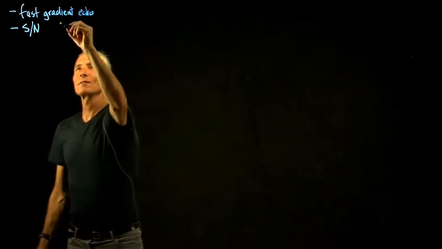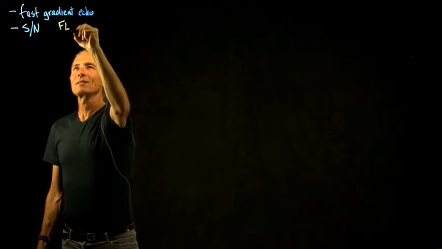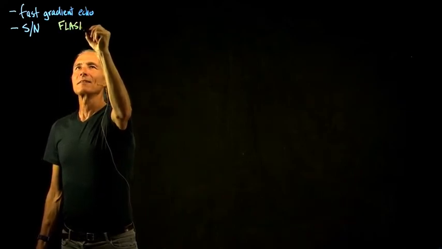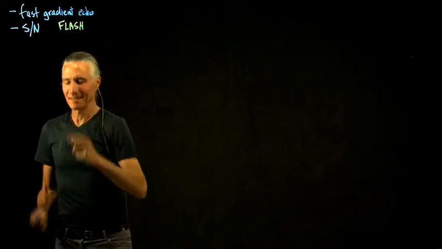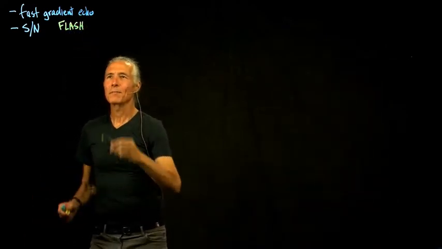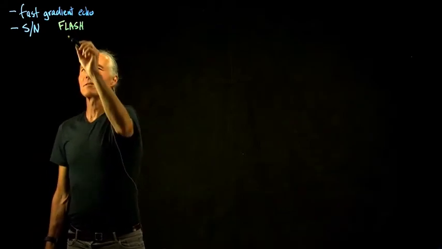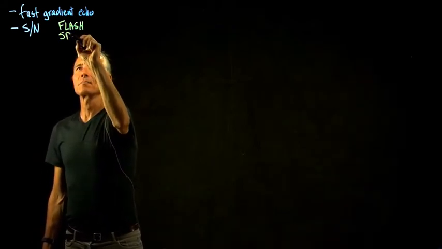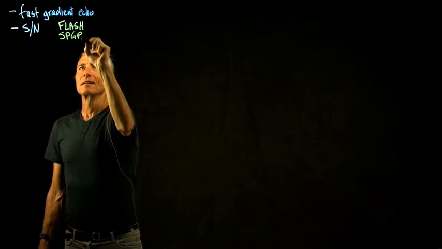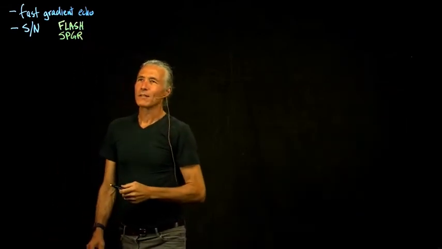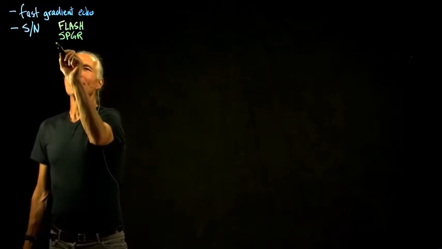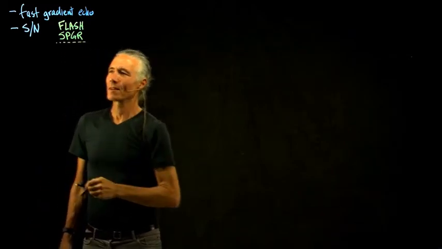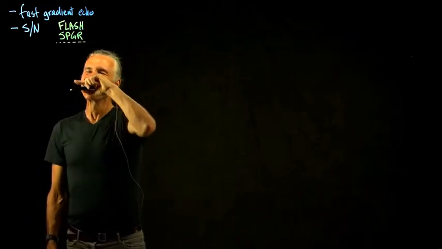So it's often called FLASH, which means fast low angle shot. But another company couldn't use that, so it's also called SPGR, which stands for spoiled GRASS, and GRASS stands for something else. So you might wonder, well, what is unspoiled GRASS?